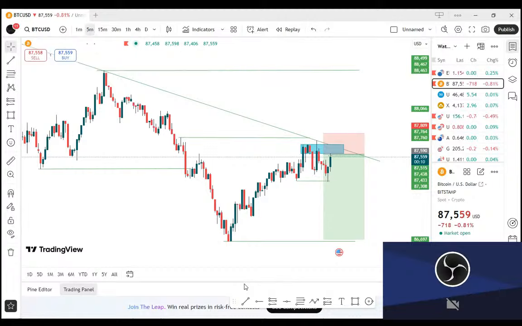So I think once price closes like this, I'll be going in with one entry. Make sure you apply risk management. Let's see as it plays out.